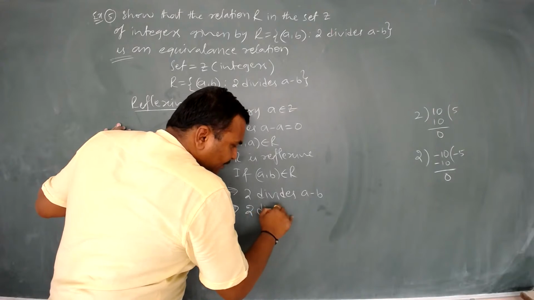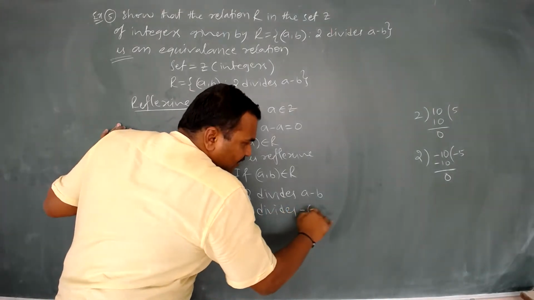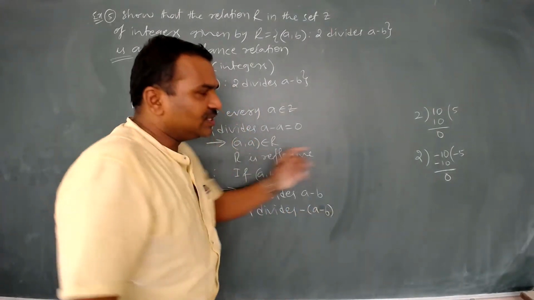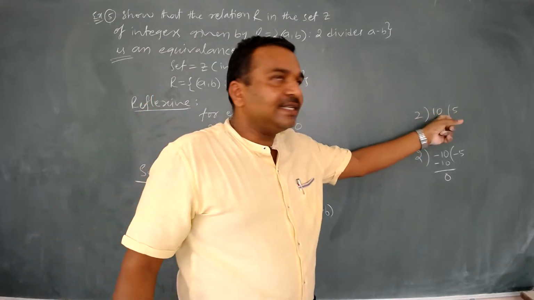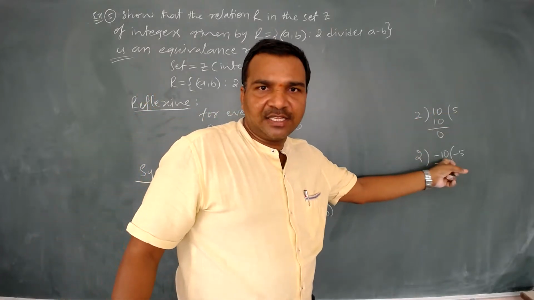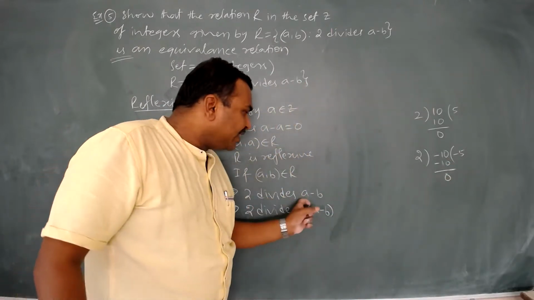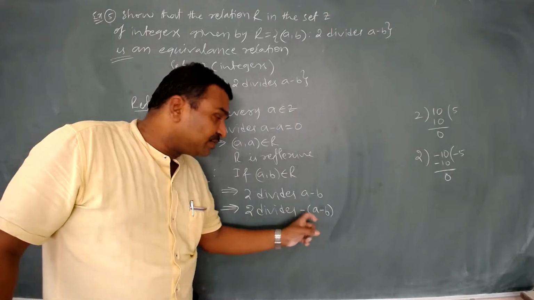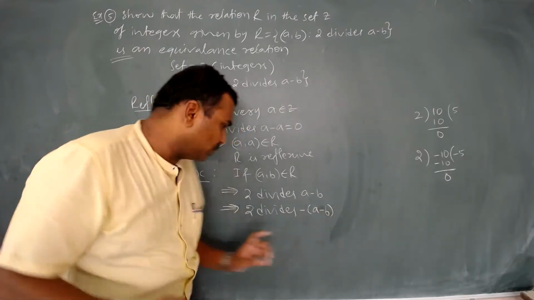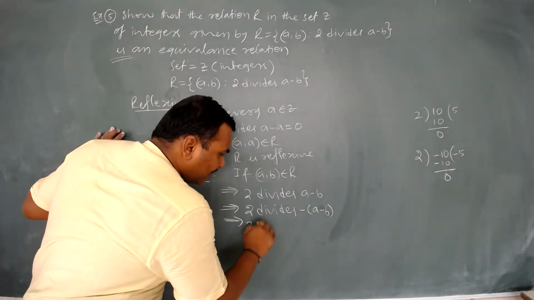That implies we can write 2 divides minus of (a minus b) also. Check it, just for example: 2 divides 10, and 2 divides minus 10 also, because the remainder is 0. In the same way, if 2 divides a minus b, then 2 divides minus of (a minus b) also.